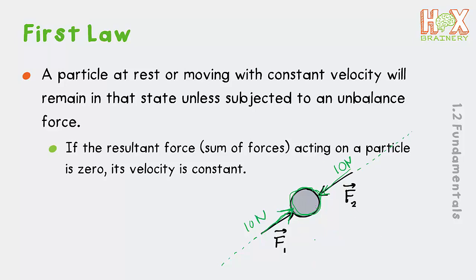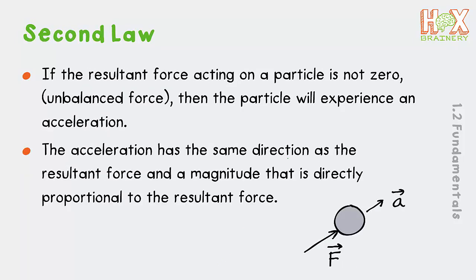If we take this and we add an unbalanced force to it, let's call this F sub 3, then what's going to happen with this particle now? It's probably going to experience an acceleration in this direction. The second law: if a resultant force acting on a particle is not zero, basically you have an unbalanced force, then the particle will experience an acceleration.